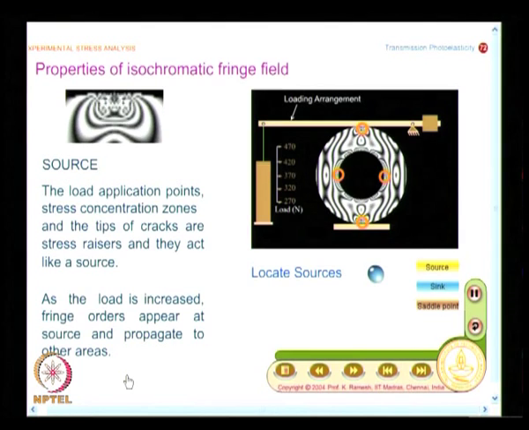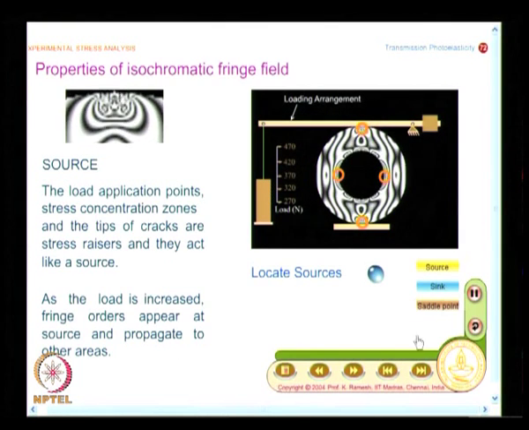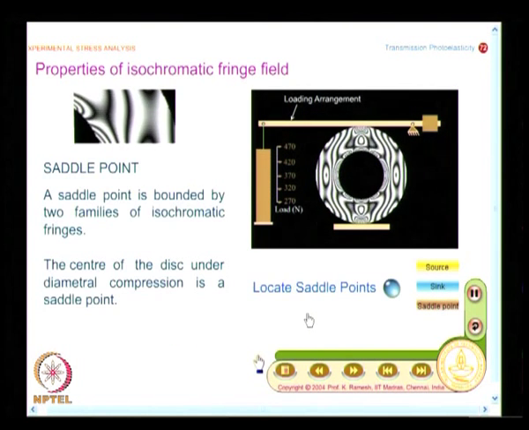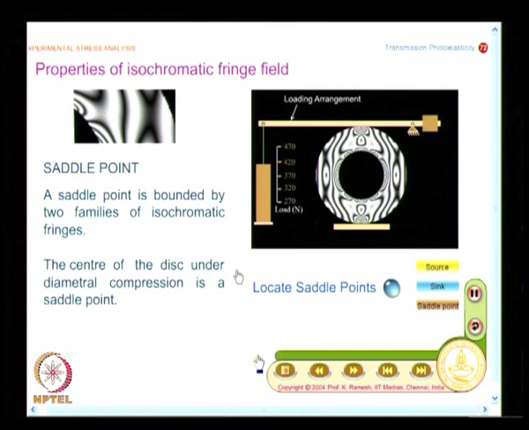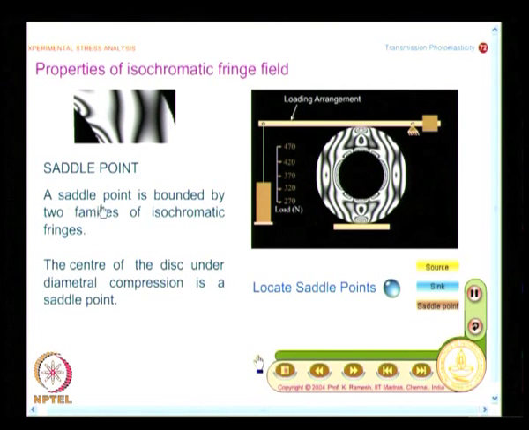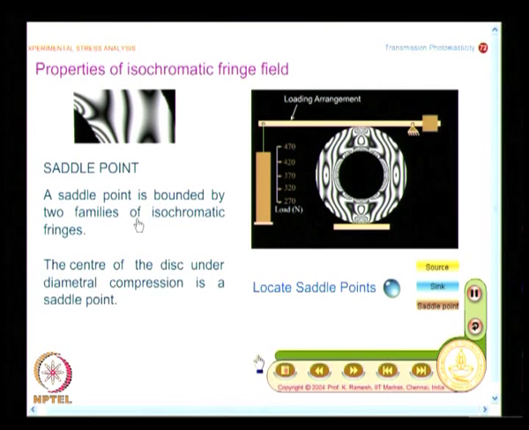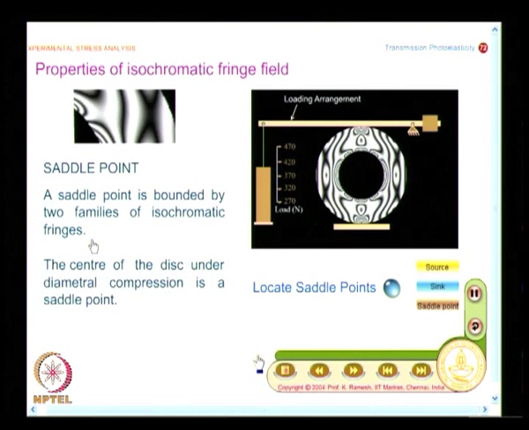And in that case, I could find this as two orthogonal lines. It is not necessary that it is always orthogonal. So, we will see what a saddle point is. Having looked at the circular disc, the center is a saddle point. A saddle point is bounded by two families of isochromatic fringes.